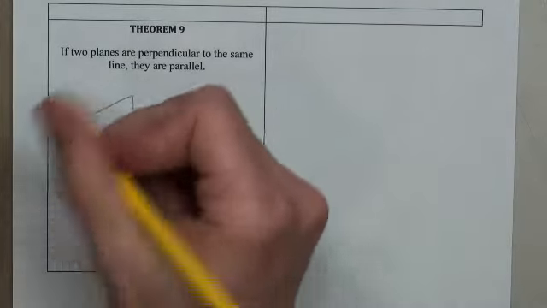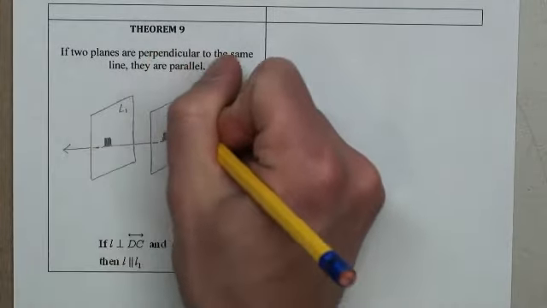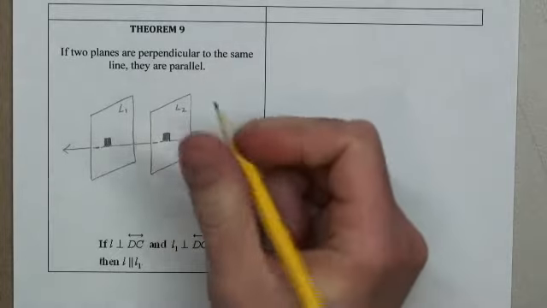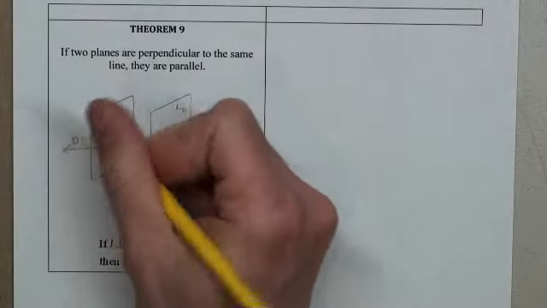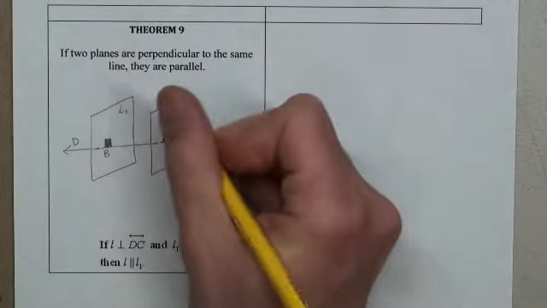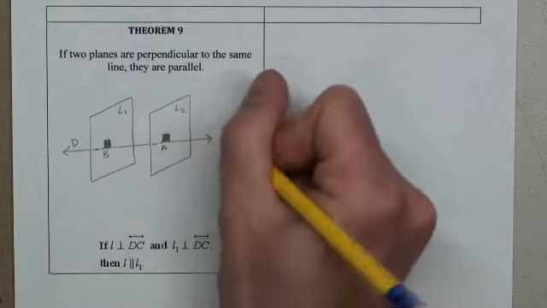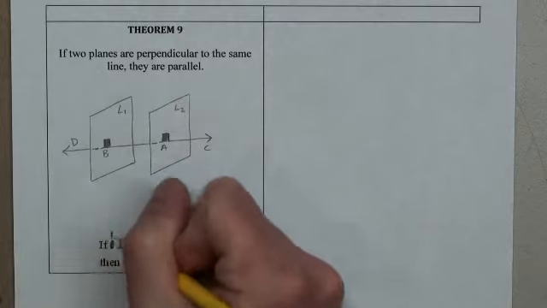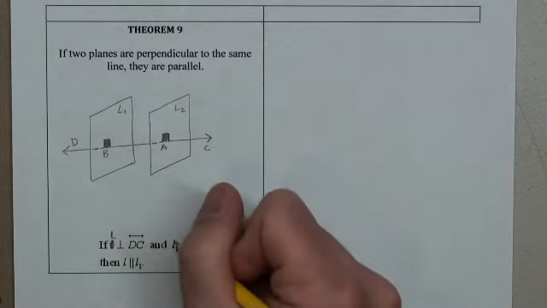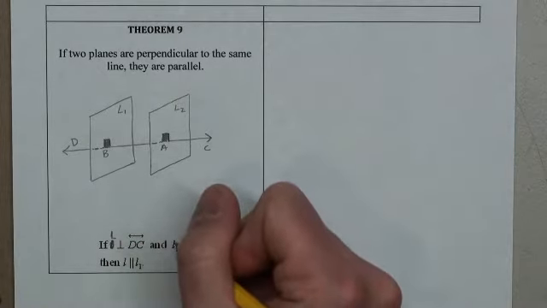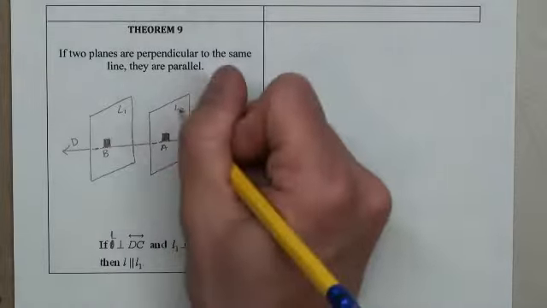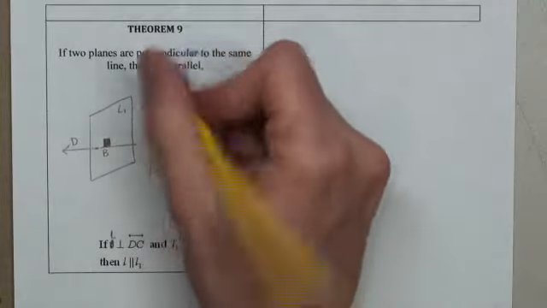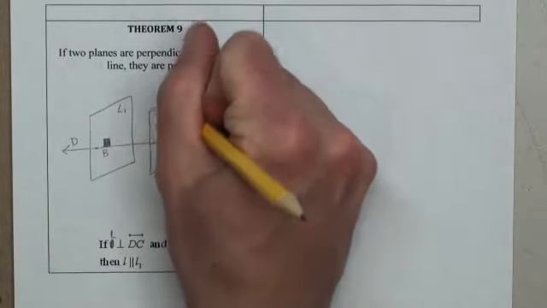So let's just fix the labeling here. Let's say this is L1 and this is L2. Let's call this D, B, A, and C. So if L is perpendicular to line DC, this is not L2, let's just call this L. So we have L and L1.